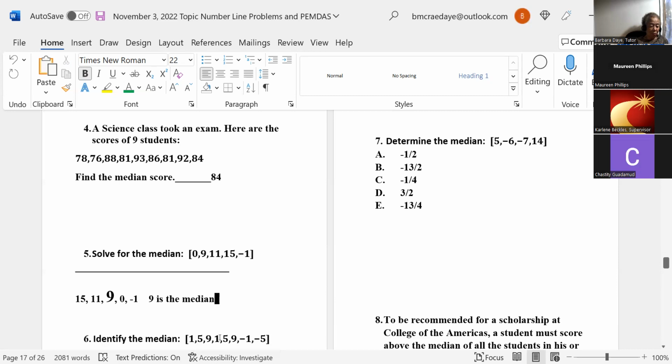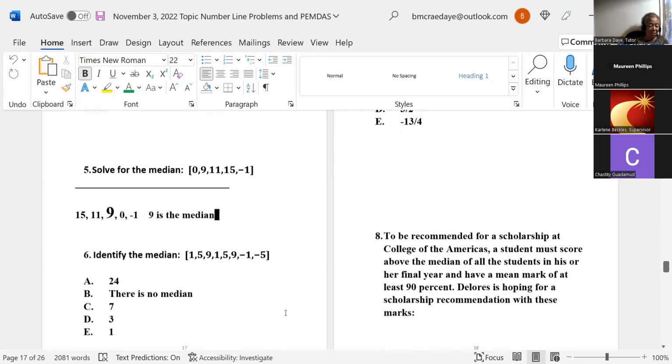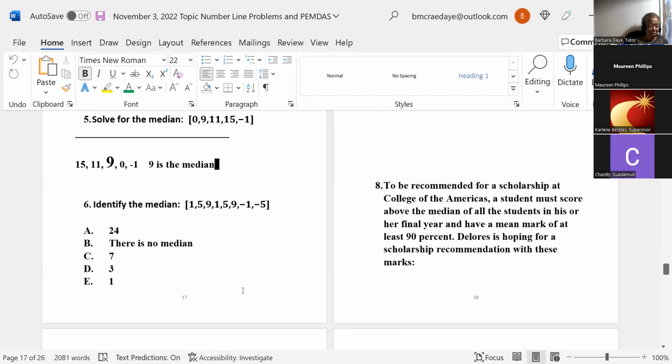Now 1, 2, 3, 4, 5, 6, 7, 8. Okay, now here's another one. Multiple choice. 1, 5, 9, 1, 5, 9, -1, -5. Put them in order. And what is the median?